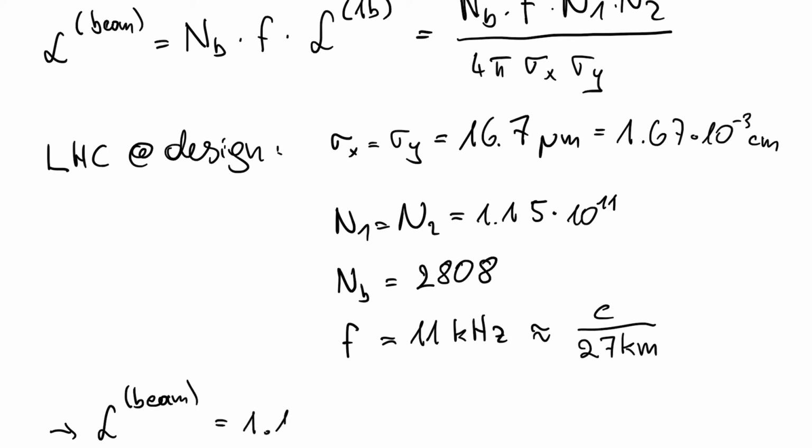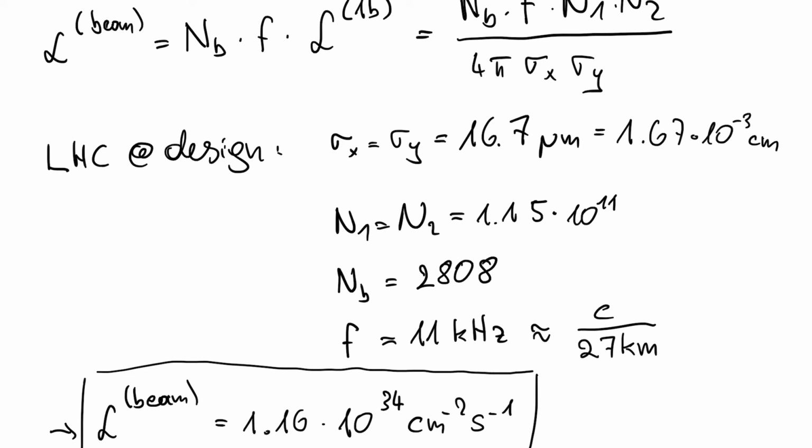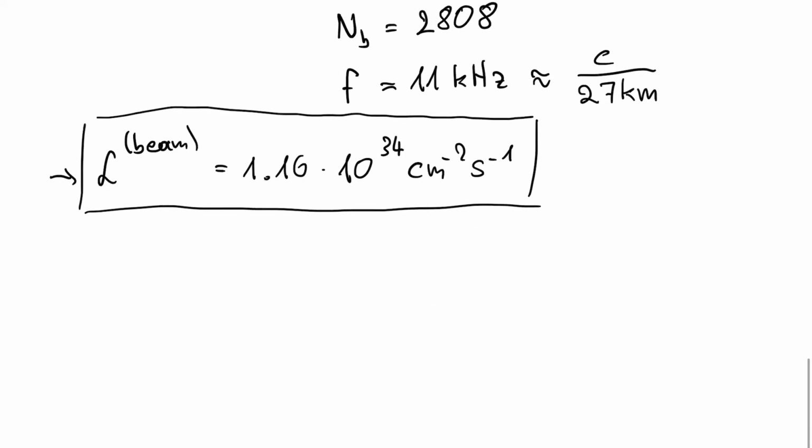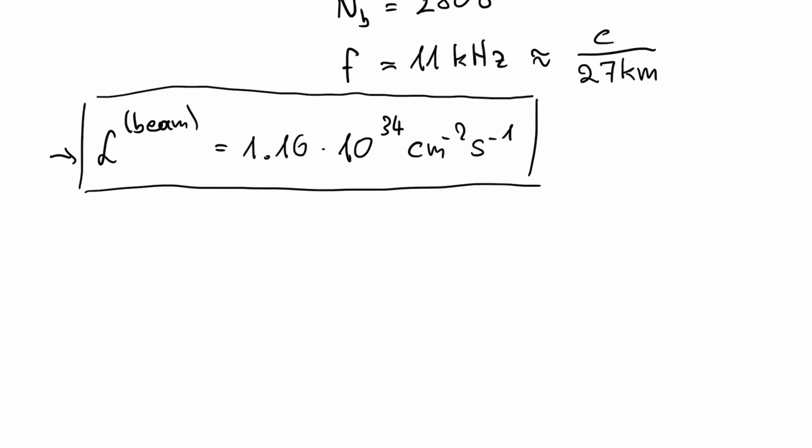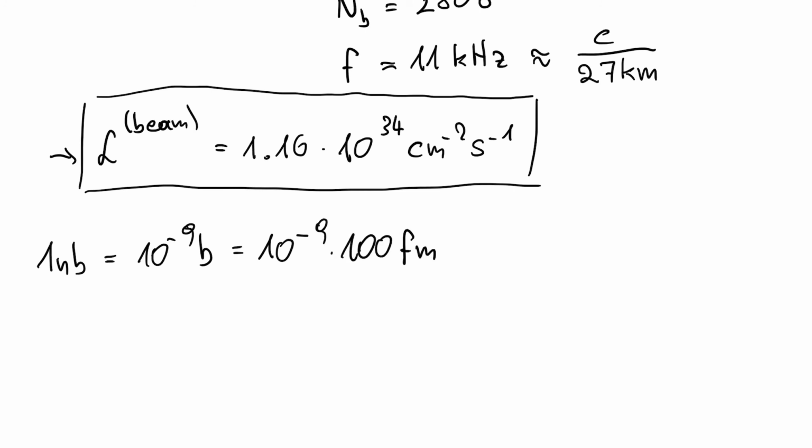That means we can use these numbers to calculate the beam luminosity, and the result is 1.16 times 10 to the 34 inverse centimeter squared per unit time. This is the LHC design beam luminosity, which has been slightly surpassed recently. Let's change the units to reflect the numbers that are conventionally used in high energy physics. One nanobarn is 10 to the minus 9 barn.